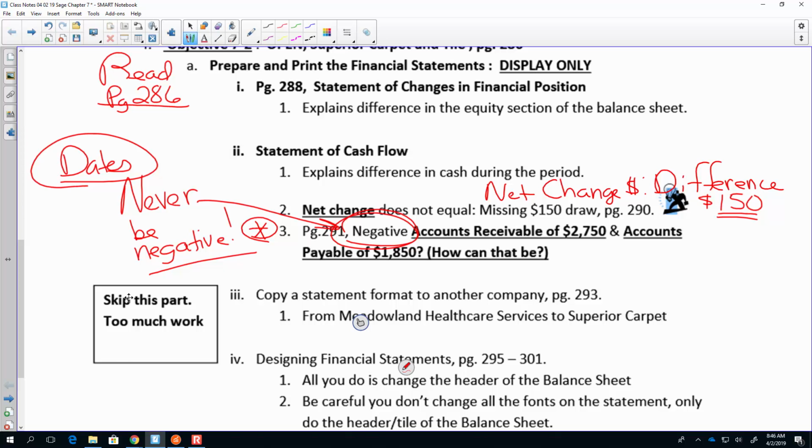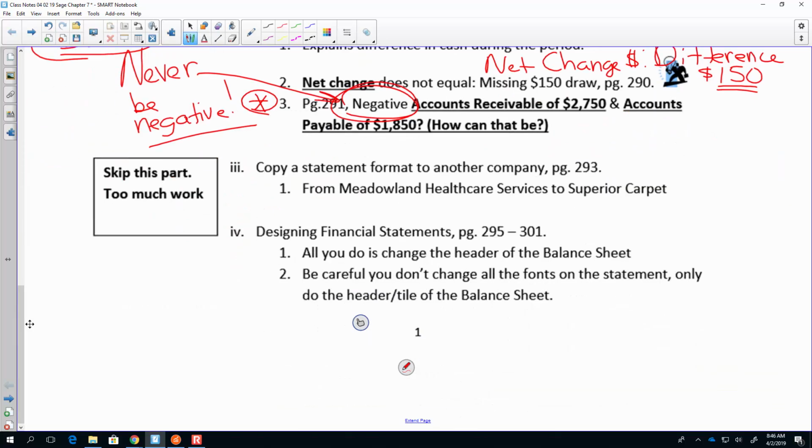What I have next after the printout of these statements is starting on page 293 all the way to page 301. They talk about a design of the financial statements, font size of the headings, moving some things around maybe.